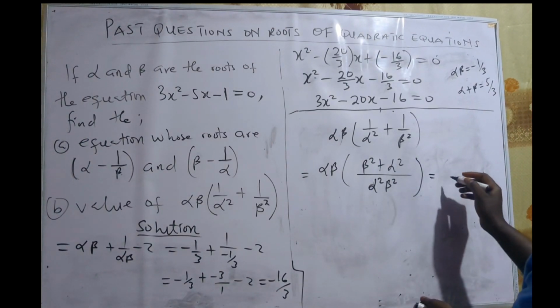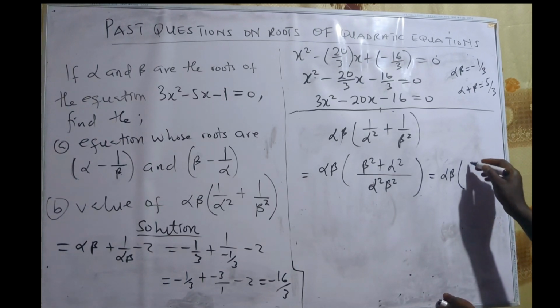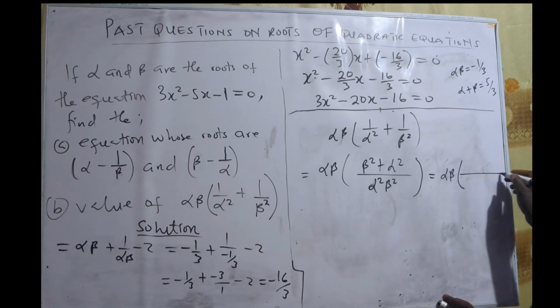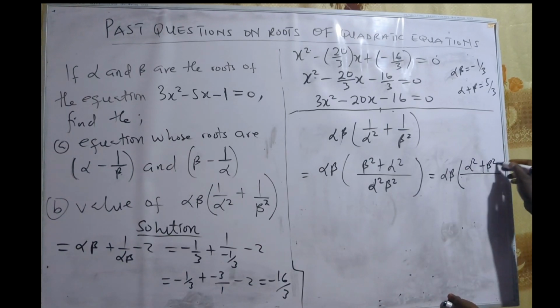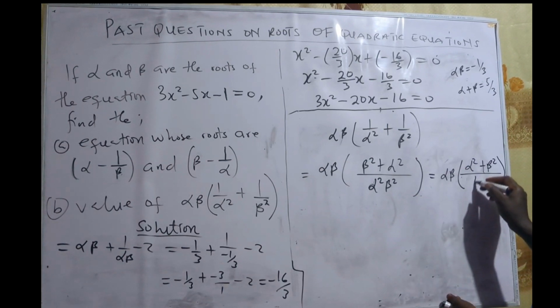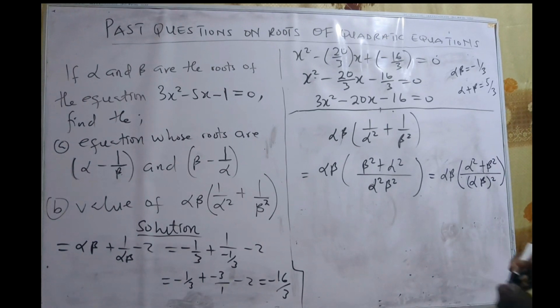So what are we going to have? Alpha beta, then let me write it as alpha squared plus beta squared over alpha beta all squared, so that we can write our alpha beta value there.